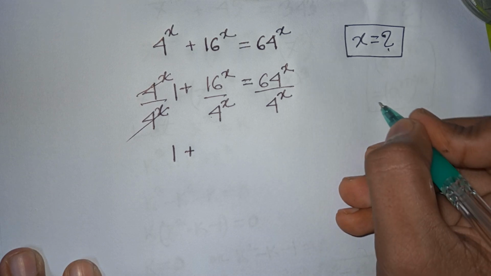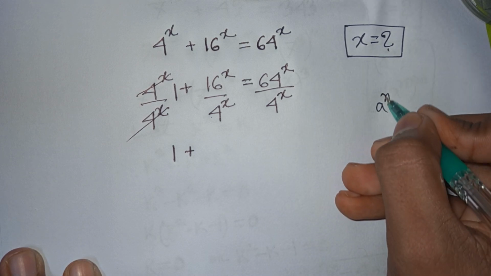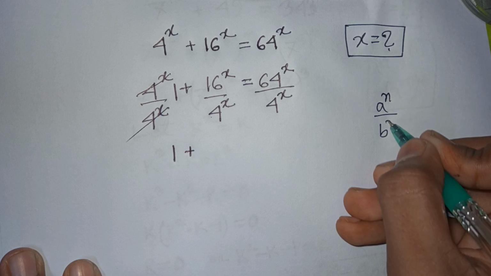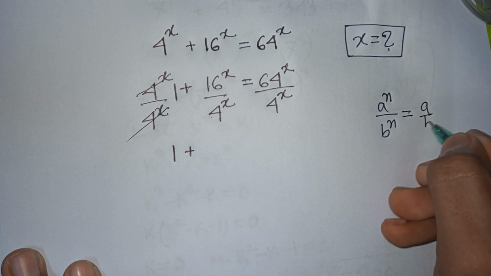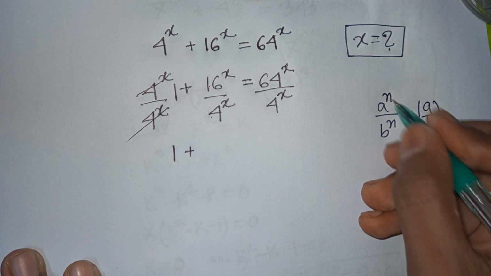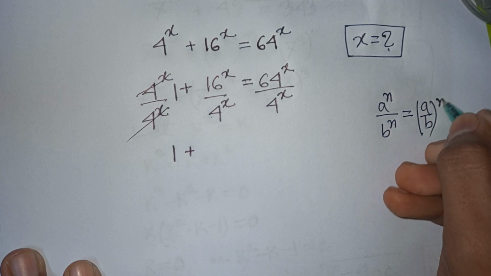So we apply this exponential rule that a power n over b power n is equal to a by b, bracket, common power n.